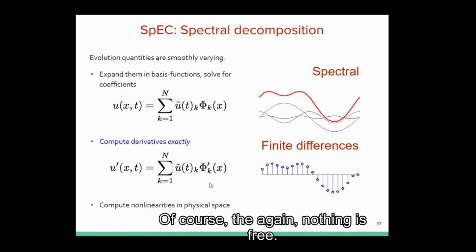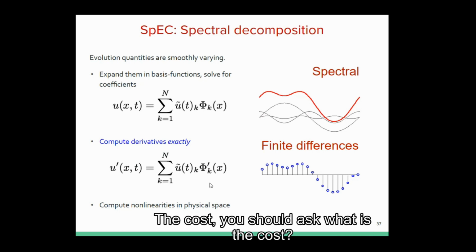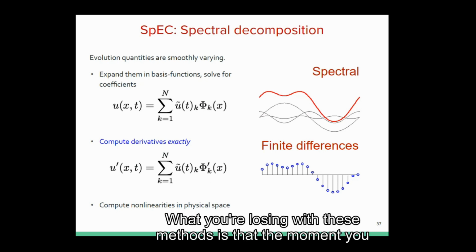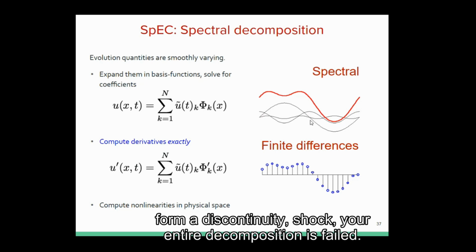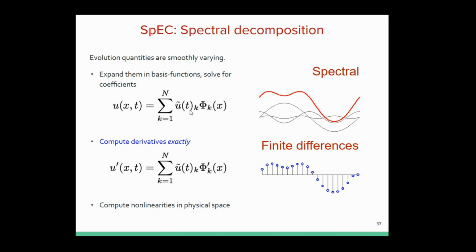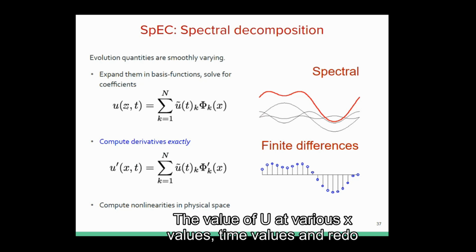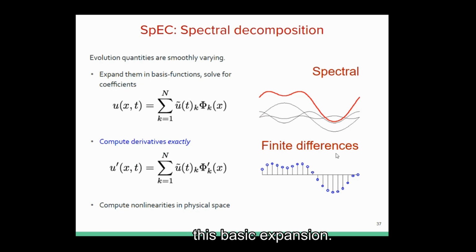Of course, nothing is free. You should ask, what is the cost? What am I losing with these? What you're losing with these methods is that the moment you form a discontinuity, a shock, your entire decomposition fails. Now you have to take this left hand side again, the value of u at various x values, time values, and redo this basis expansion.